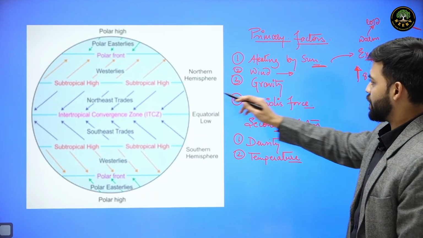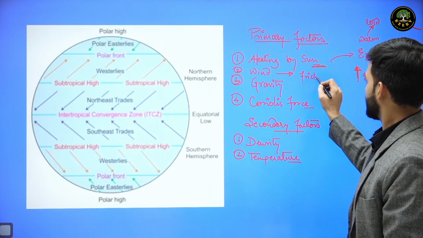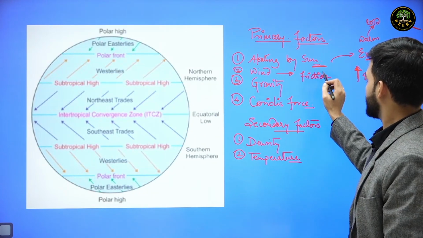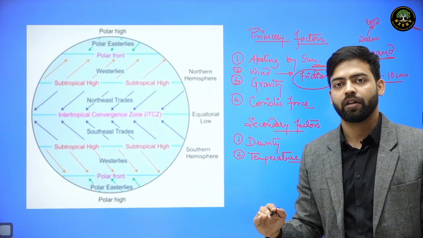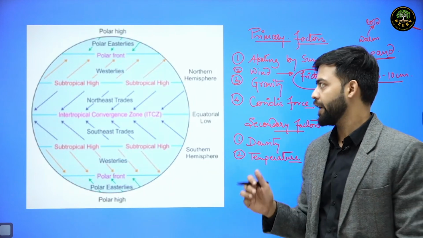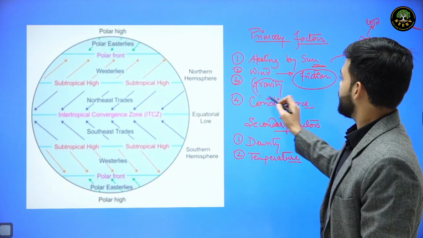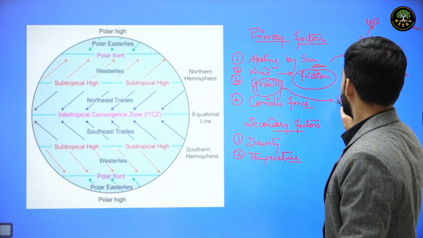Wind, this planetary wind, affects ocean currents because of friction. The friction generated by these planetary winds on the surface of water helps it to move in the direction of wind. Gravity, because of gravity, the water sinks down.